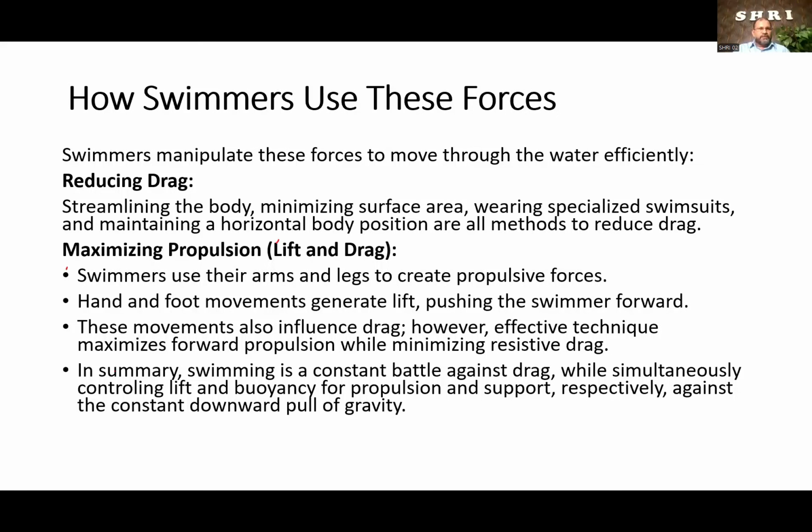So there is a force acting on swimmers that is called lift force. To increase lift force, we use the hand and foot in the water. These movements also influence drag. However, effective technique maximizes forward propulsion while minimizing resistive drag. So you have to always think how to minimize resistive drag and increase the other propulsion forces.